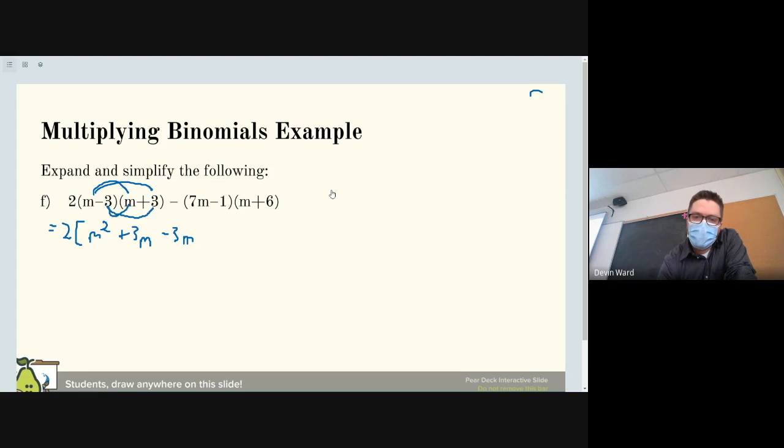Minus 3 times minus 3 is negative 9. Brackets, okay? So we're not multiplying the 2 by everything. We're only multiplying the 2 by this binomial, since that's the only one that's actually separated by a negative sign. Minus, and then throw all this in brackets, because we're going to have to distribute out that negative sign. Okay, so we're going to end up flipping all the signs. But again, wait till the end to do that.